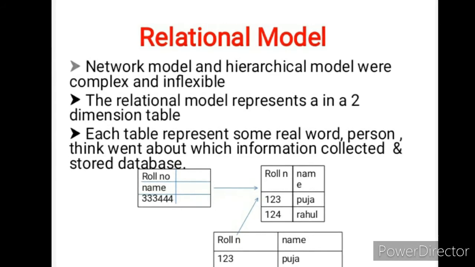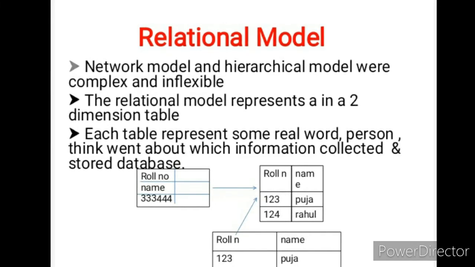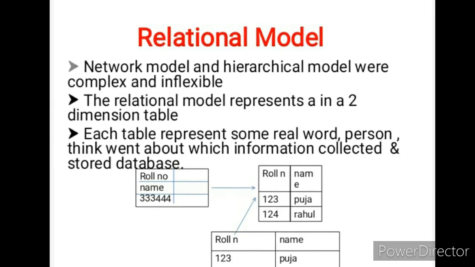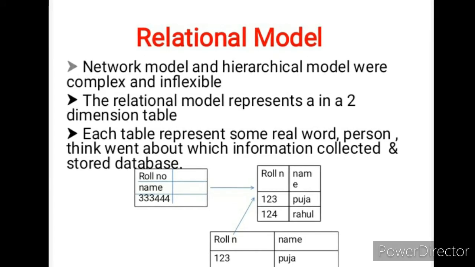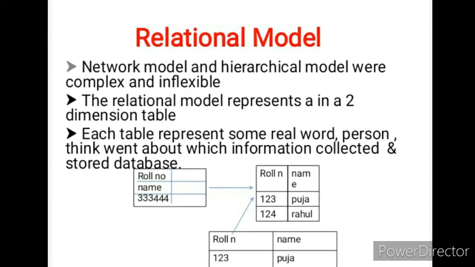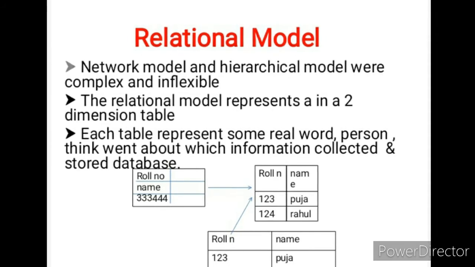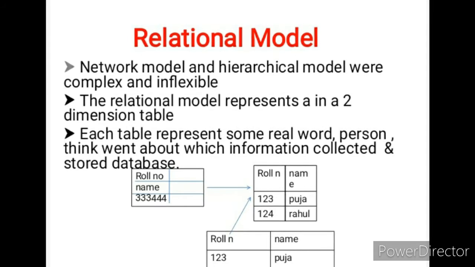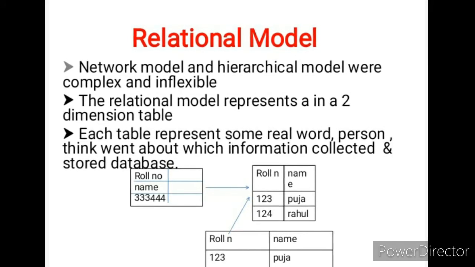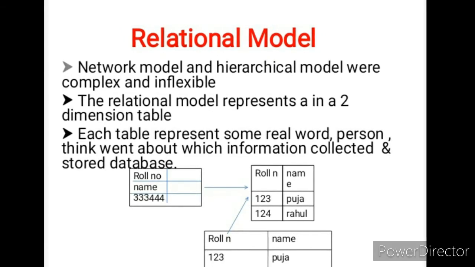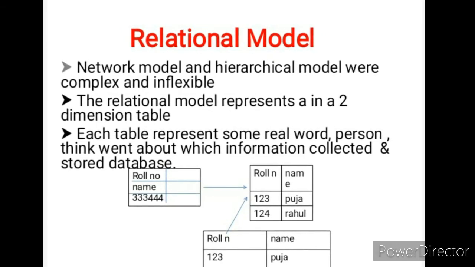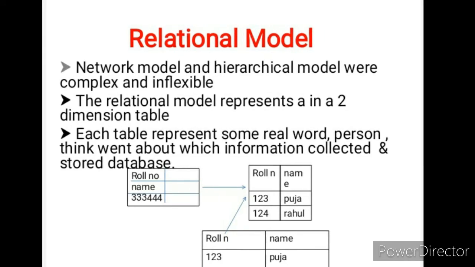So to overcome the problem, this model is different from the hierarchical model and network model. In this model, you can easily represent the data. The next point is that the relational model represents the data in the form of a two-dimensional table.